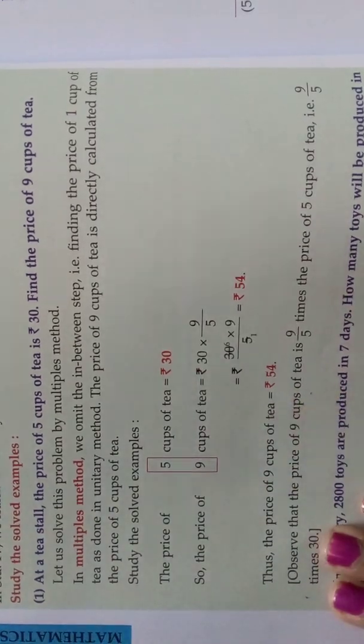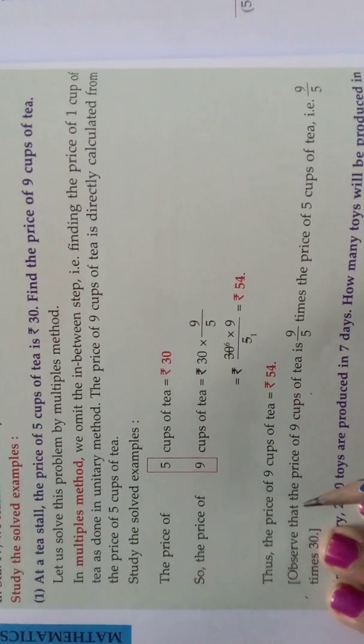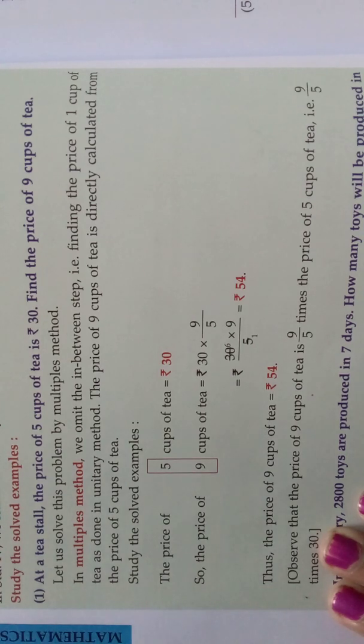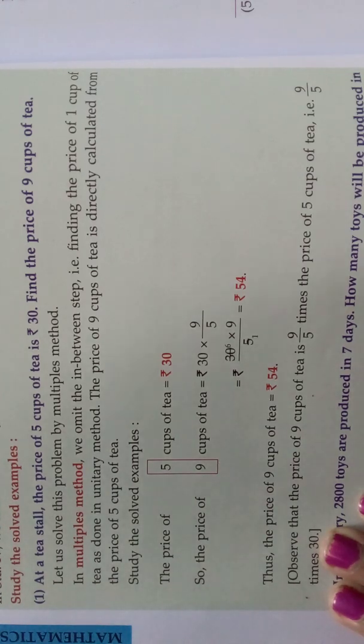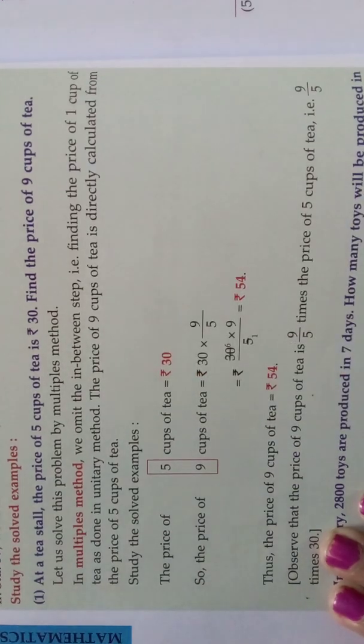Come, we will see how to find the cost of 9 cups of tea. See, instead of finding the price of 1 cup of tea like in the unitary method that we saw in 4th standard, here it is different. We are going to find the price of 9 cups of tea by the price of 5 cups of tea. The price of 5 cups of tea is equal to 30 rupees.